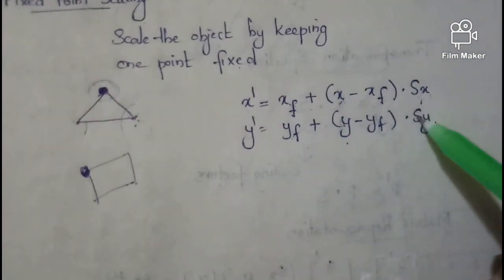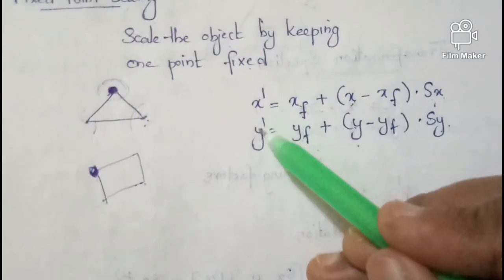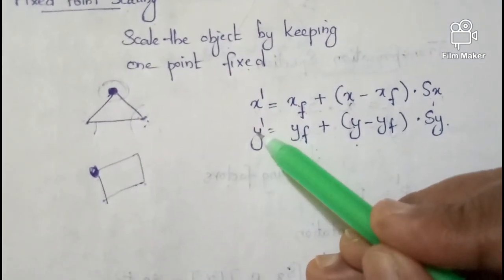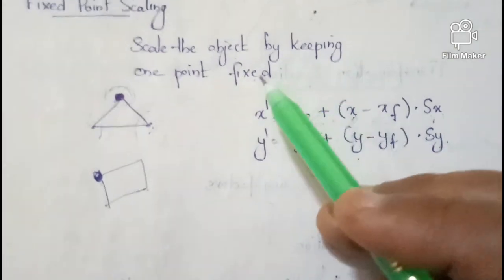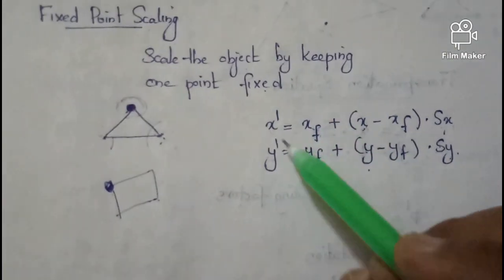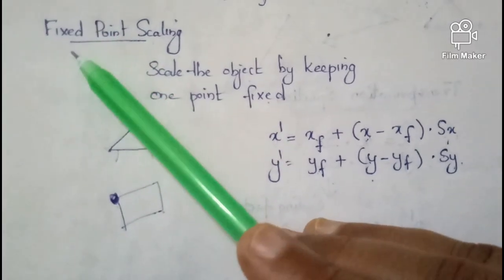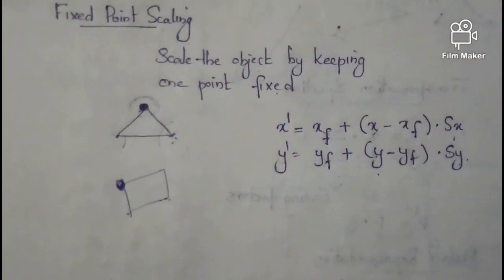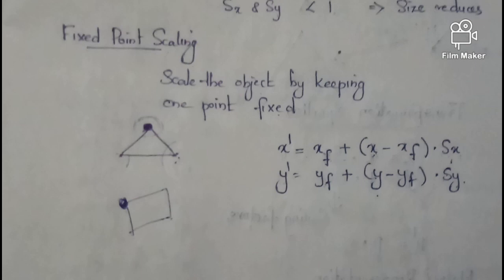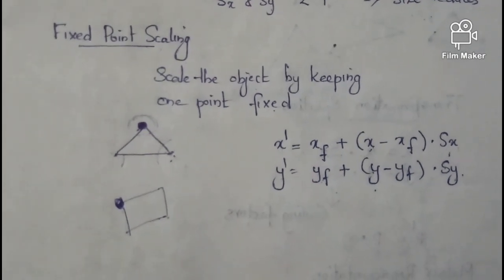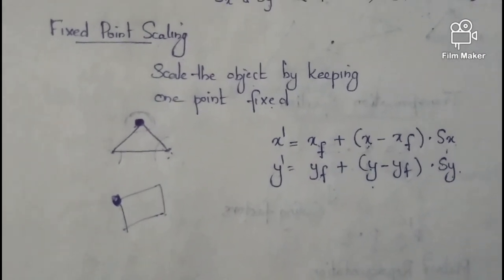These are the scaling parameters, and these are the points obtained after scaling. In this way, using these two equations, you can find the new scaling points in fixed point scaling. So this is everything about the scaling transformation. Hope you understood. Thank you.